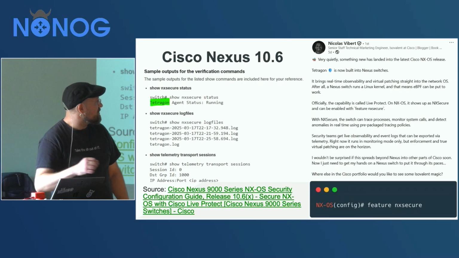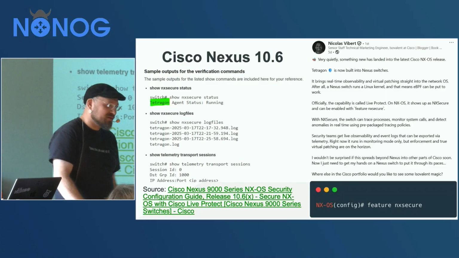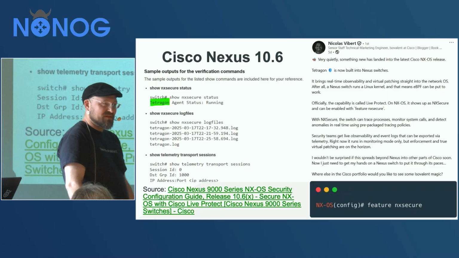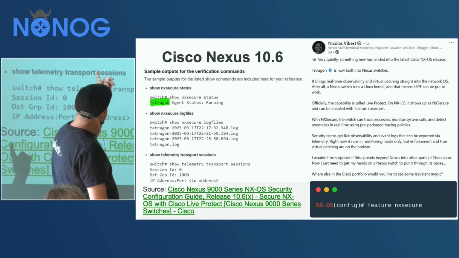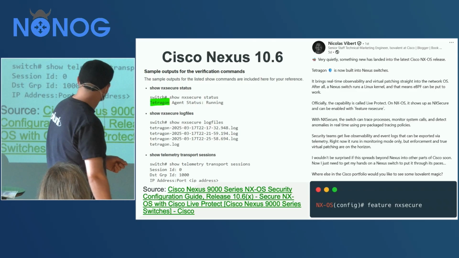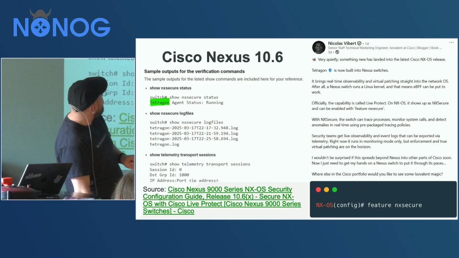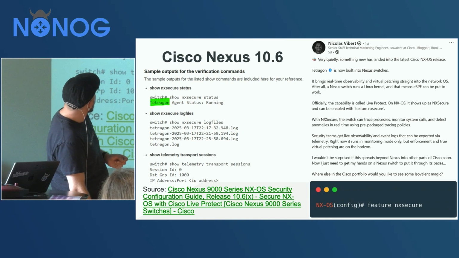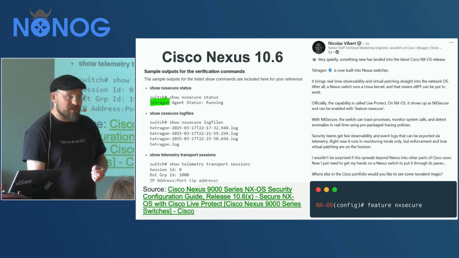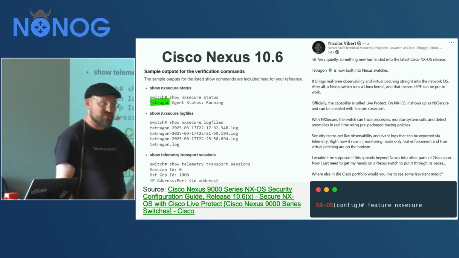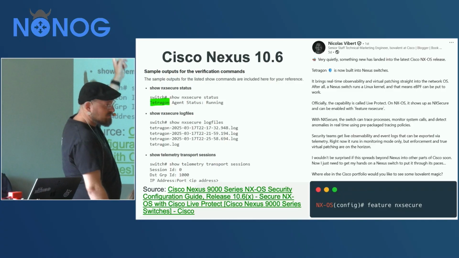And now I'm coming to what I said in the beginning. So already in NX OS 10.6, you have something called, what was the name of the service? NX Secure, which is based on eBPF, which runs Tetragon.